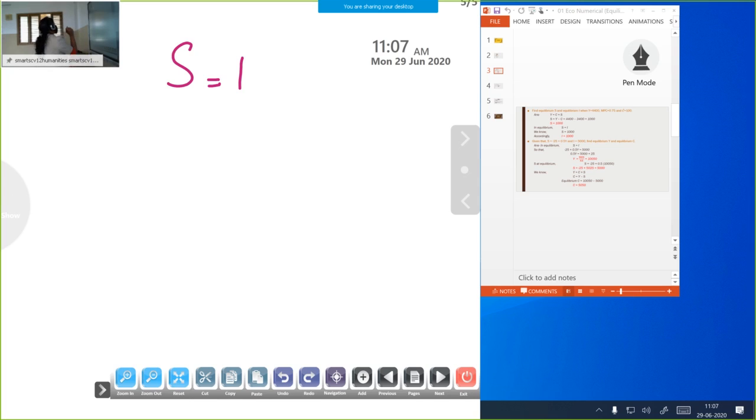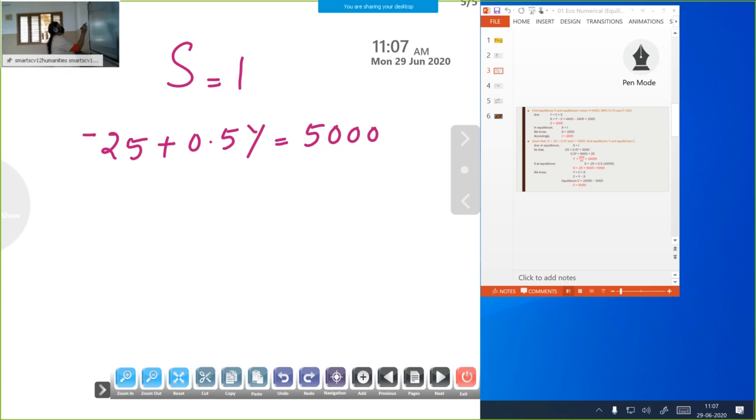S is given, minus 25 plus 0.5Y, right? That is equal to I, which is 5,000, right? We just substitute S is equal to I.